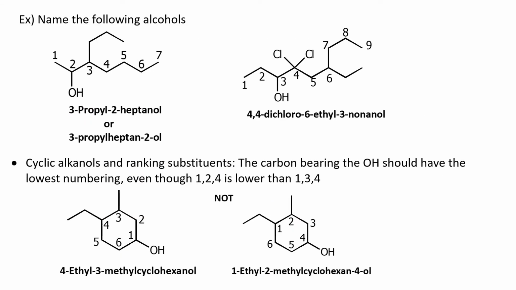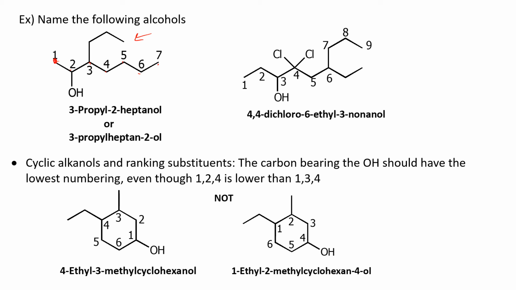All right, next, naming alcohols. We have a couple more examples. We have a 7-carbon chain. We've got a propyl group, and we've got an alcohol. Now remember, we want to give the alcohol the lowest possible number, so we're going to give that the 2 position.